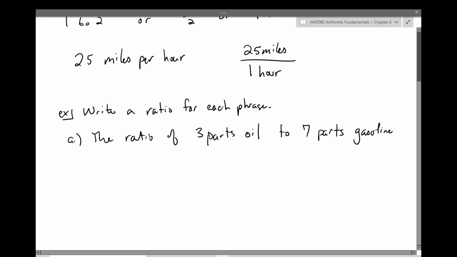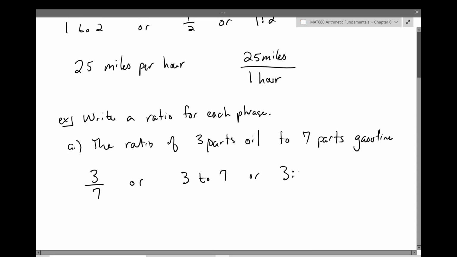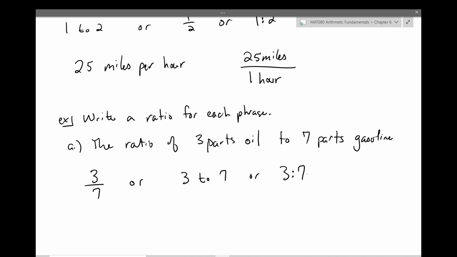Okay? So what would that look like? Well, you can write it as 3 over 7 or 3 to 7 or 3 with the colon 7. Okay? The most important part is if you're writing these in the 3 different ways, you just keep it consistent. If you write the 3 first, then make sure the 3 is first in every single example here.